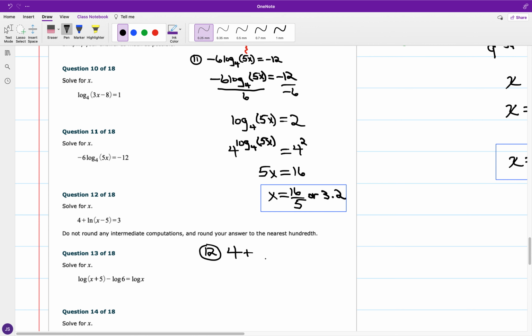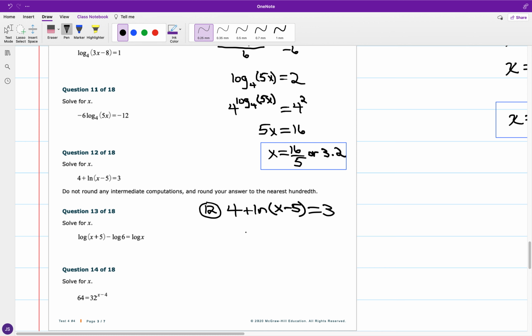Now we have 4 plus the natural logarithm of the quantity of x minus 5 is equal to 3. And so just looking at what we have now, with 4 plus the natural logarithm of the quantity of x minus 5 equal to 3.